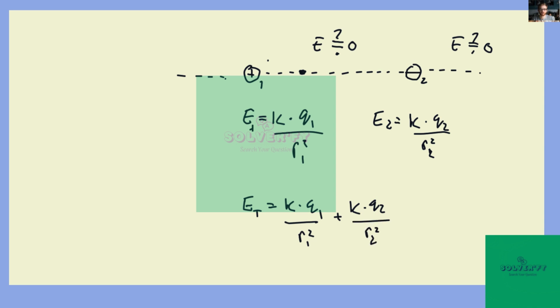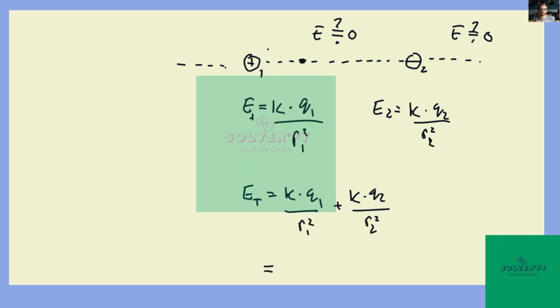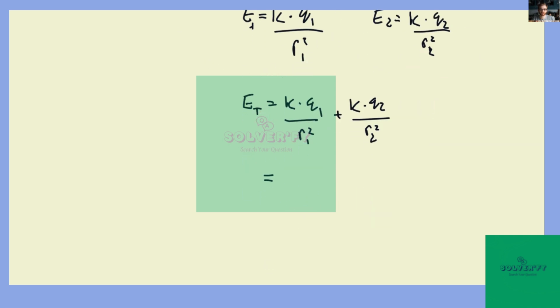Now we also know that Q1 is equal to negative Q2. They're opposite charges of equal magnitude. So we could also say that this is K times Q1 over R1 squared minus K times Q1 over R2 squared.